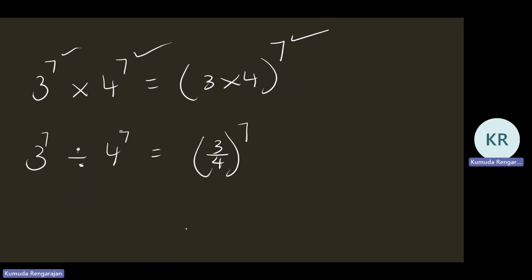We should put the same operation and put brackets and write it. Here bases are different, so 3 into 4 for multiplication, and 3 divided by 4 for division. Write the same power.